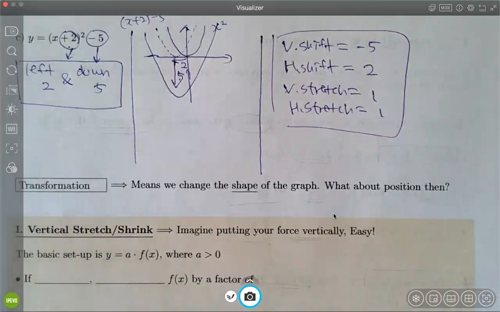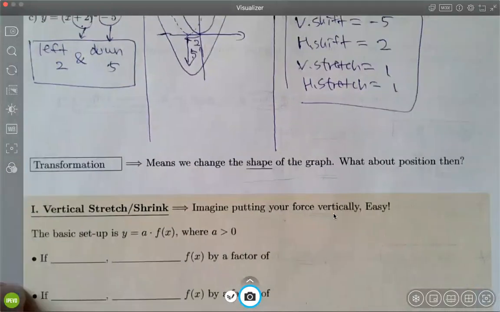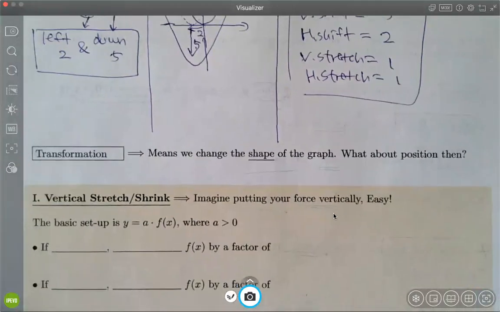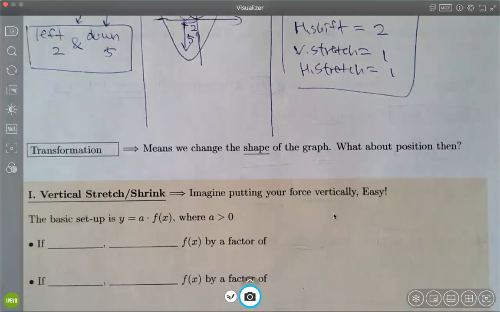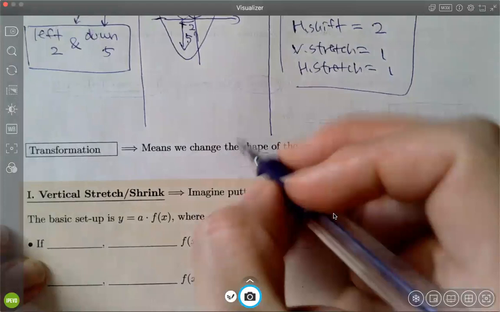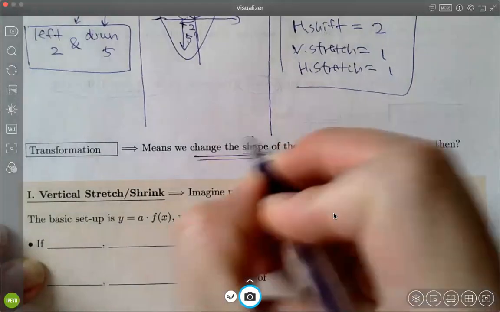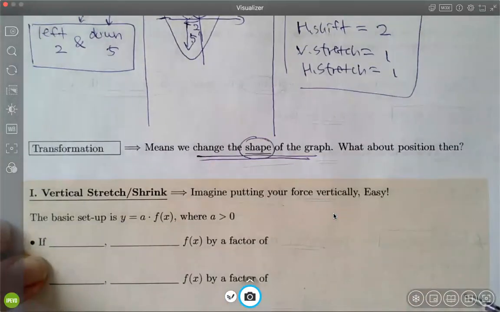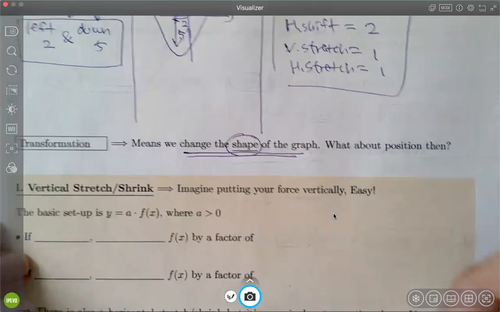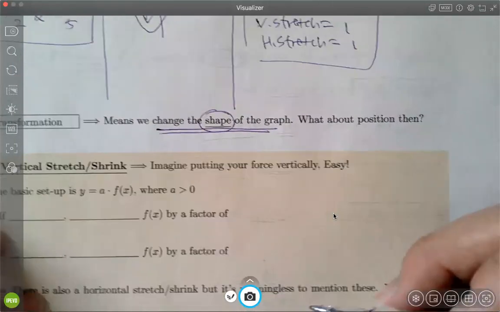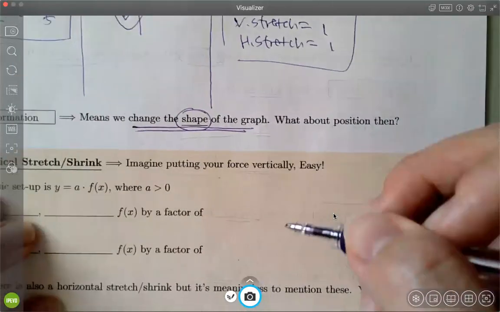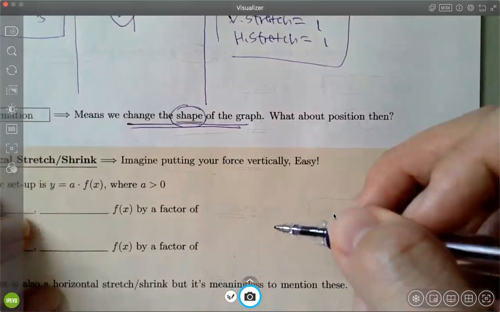Now let's go to transformation. What does transformation mean? We now change the shape. What does this mean? Does the position change as well?